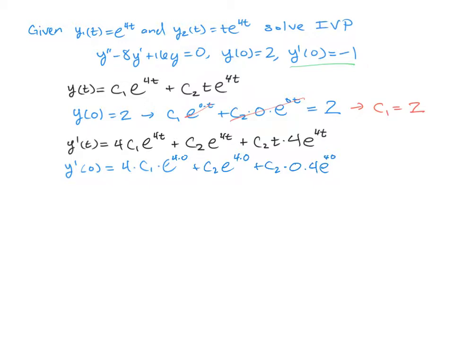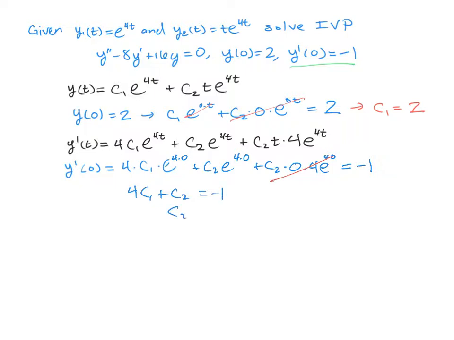And then in here, you will notice that that last term is going to cancel out again. And again, this is equal to negative 1 that was given to us. So we now have the equation 4 C1 plus C2 is equal to negative 1.